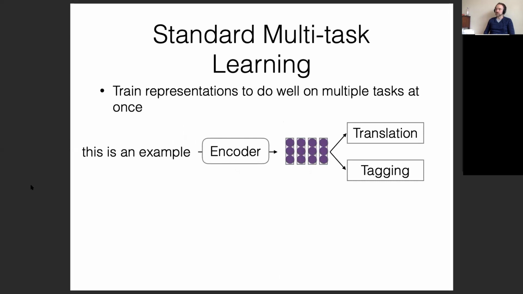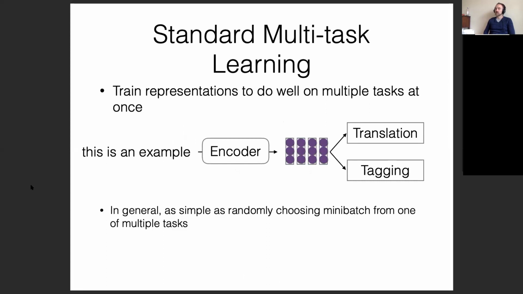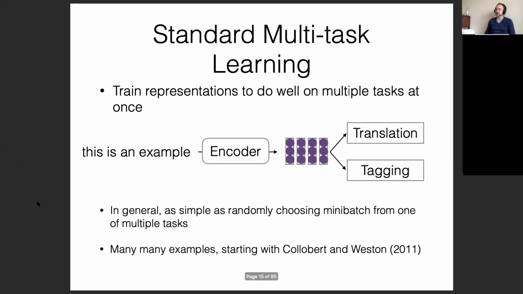At the same time, we could use these representations for different tasks, for example translation or tagging or whatever. There's a bunch of different ways to do this. One very simple way is to randomly choose a mini batch from one of multiple tasks, and to do this throughout the training process.